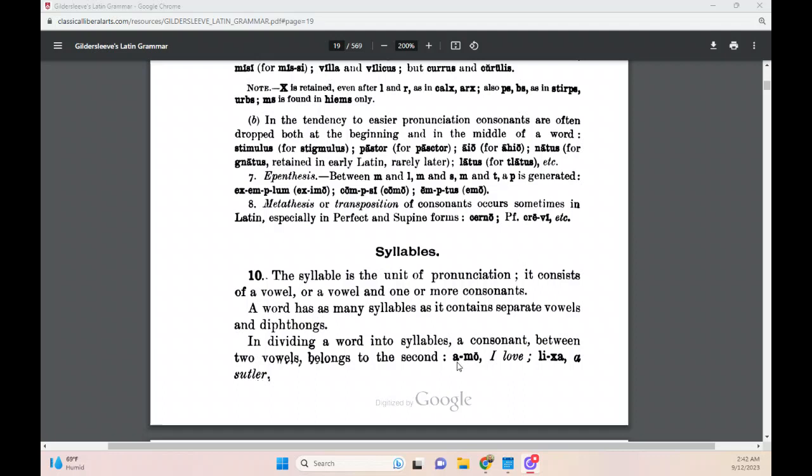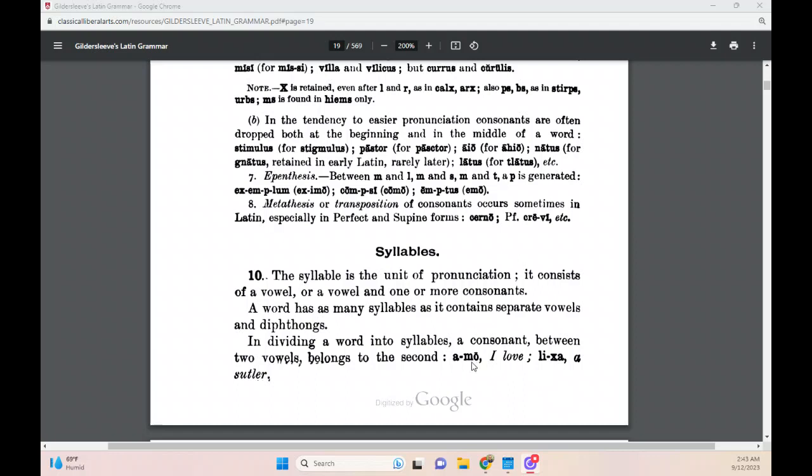So a syllable can be a single vowel, or it can be a vowel joined with one or more consonants.